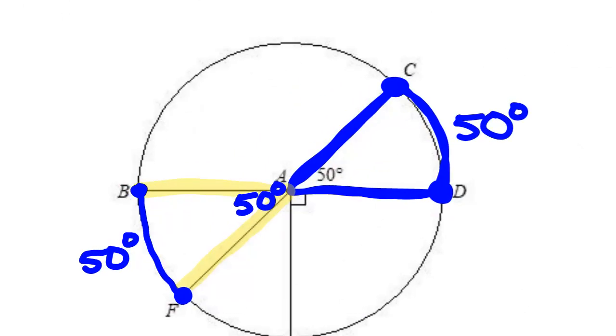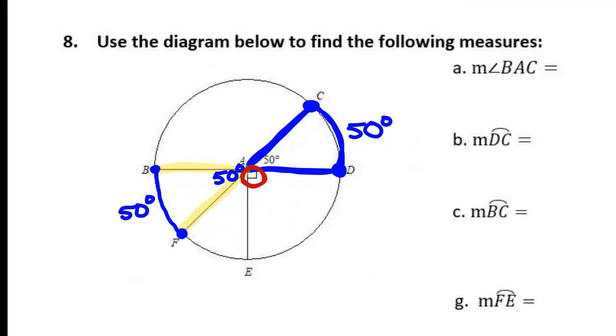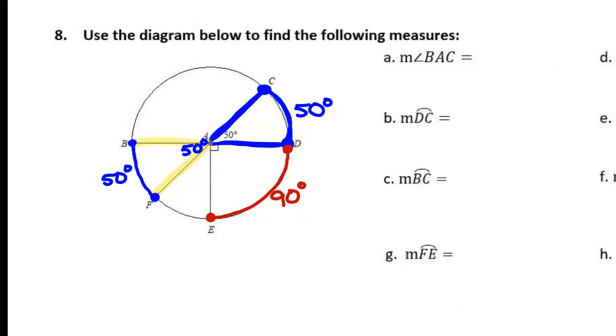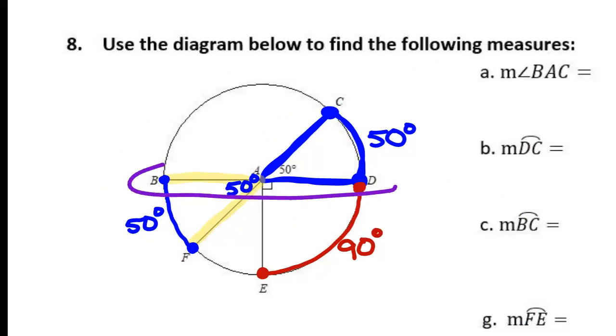All right. I see a little box right here. What does that mean? It means it's a right angle. How big is a right angle? So how big is arc ED? 90. What would we call segment BD? That's a diameter. And what do diameters do to circles? Cuts them in half.